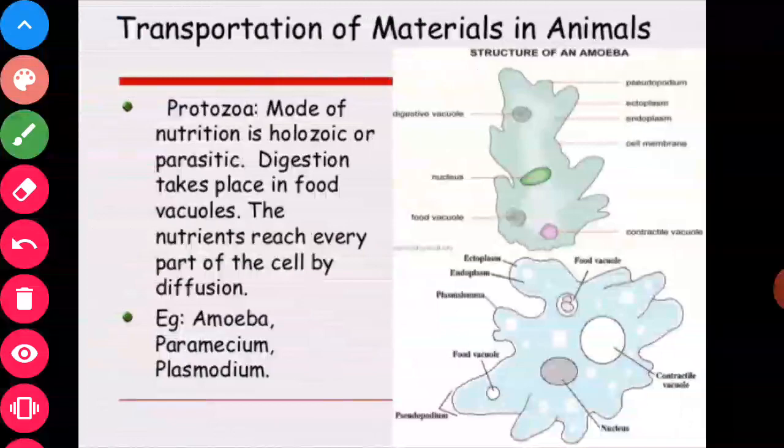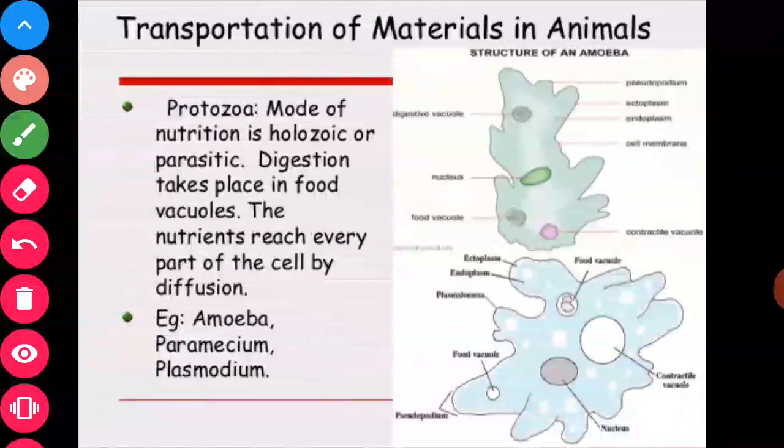In different animals, different transport systems are there. In unicellular organisms, materials are transported simply by diffusion, as they do not have any transport system. So we can say in unicellular organisms, the transport system is absent.